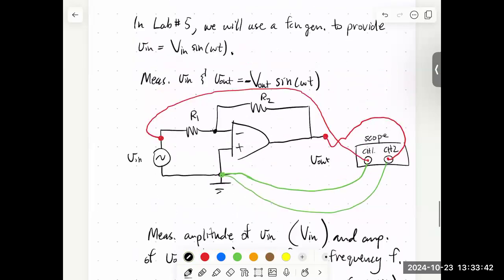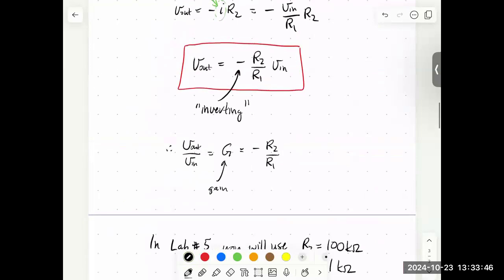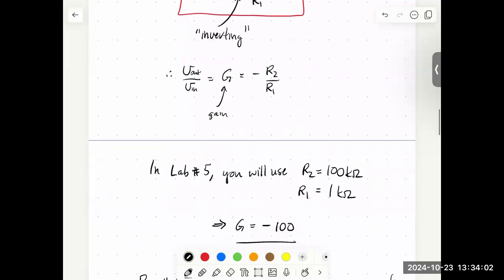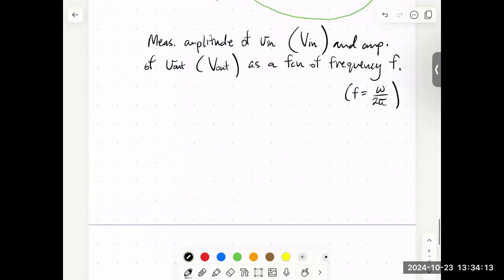So what would you think would happen if our gain is just going to be equal to R2 over R1? As I change the frequency, I mean, these resistors don't depend on frequency, so what's going to happen to the gain? It does not change, right? It's just a constant. It's not 1, it's whatever the ratio of these resistors are, right? 100 in our case. So if you actually did that measurement, right?